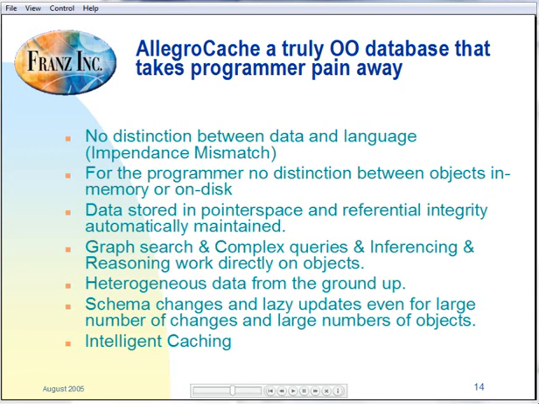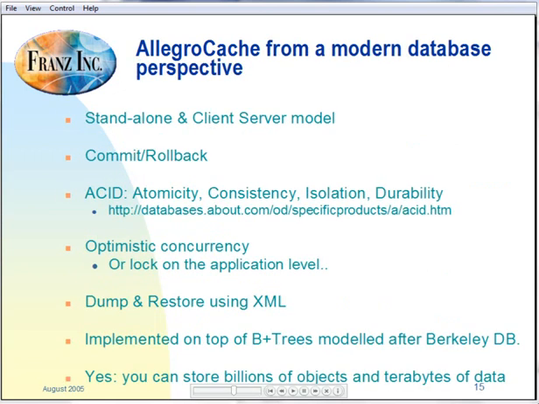You just use it as a private database. And then several of our customers use it in client-server mode, where you have one Lisp that runs AllegroCache, and then you have multiple clients that can all talk to the same database with an unlimited number of connections.